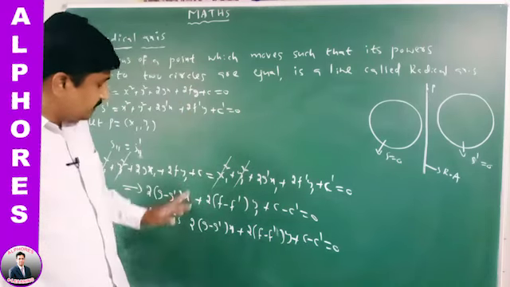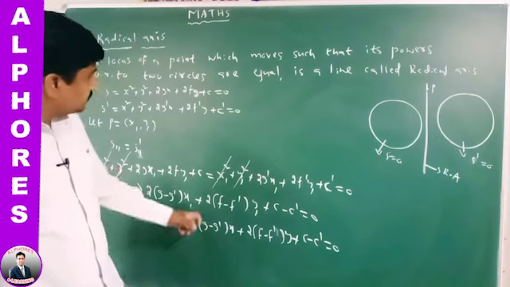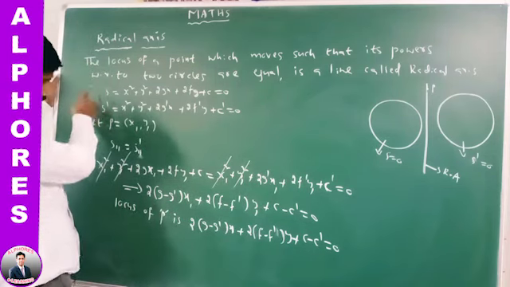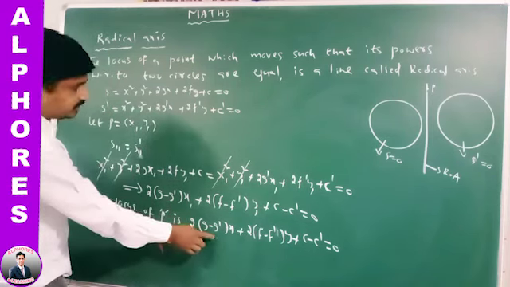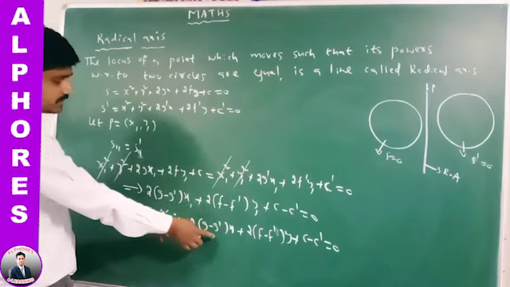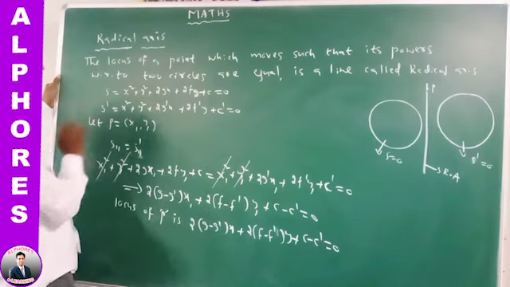This is the radical axis. Actually, this is S minus S dash. This line is called the radical axis of these two circles.